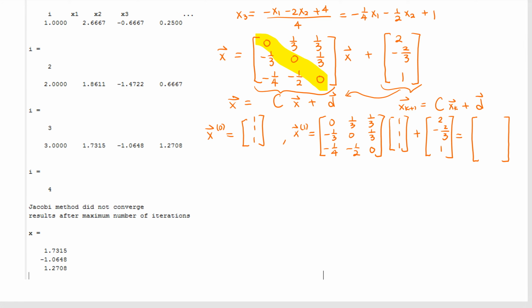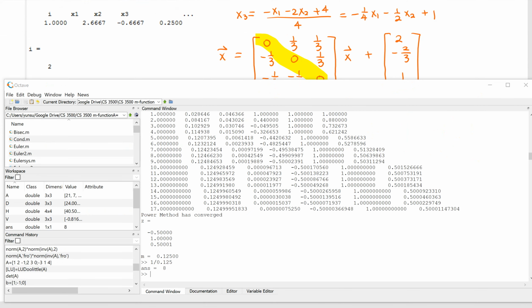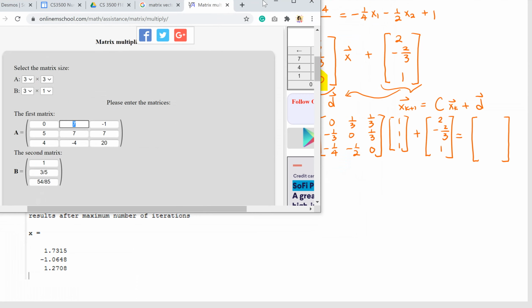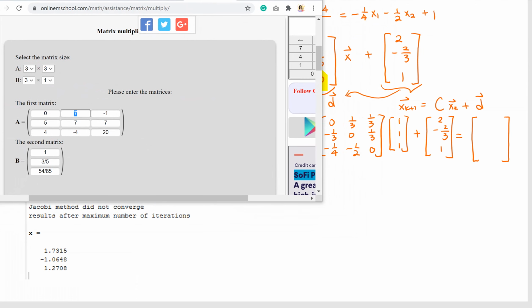Okay, let's continue. So we use this is 1/3, this is 1/3, this is minus 1/3, and this is 0.